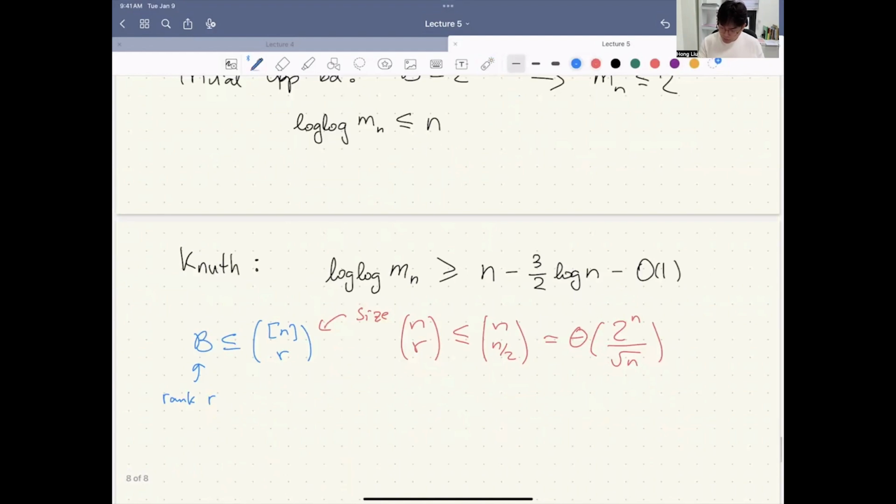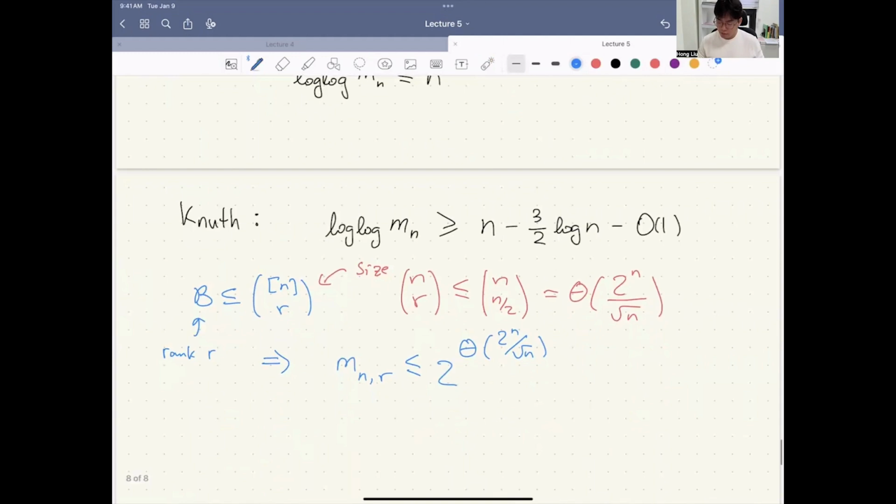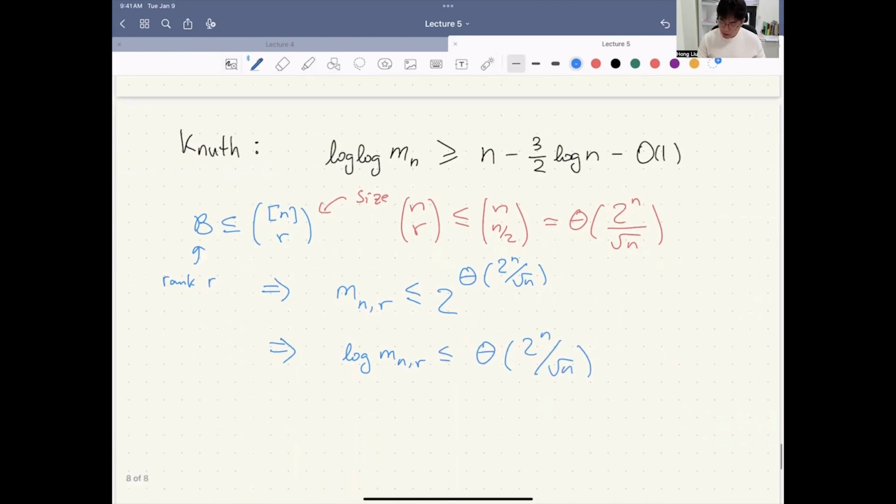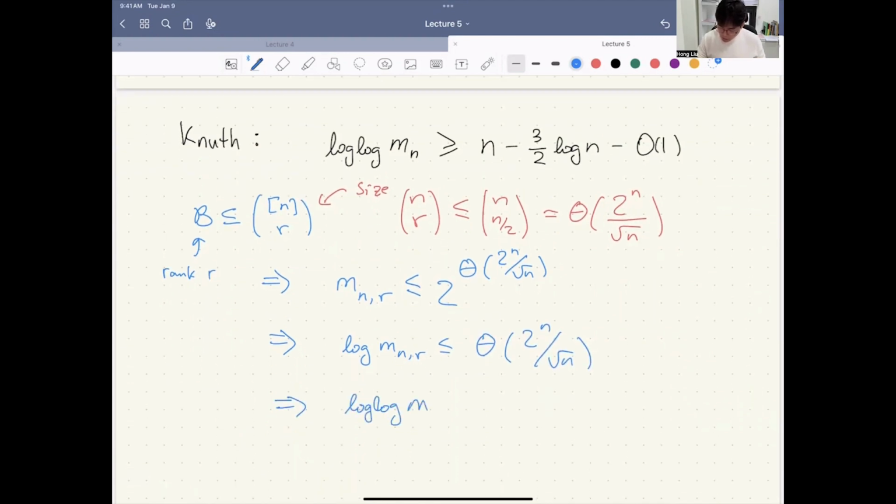So this implies M(n, R) is at most 2 to the 2 to the n over square root n, implying that log M(n, R) is at most 2 to the n over square root n, minus 1/2 log n plus some constants.